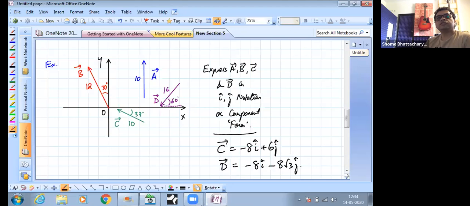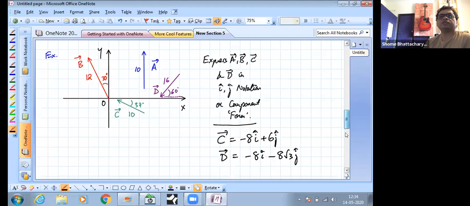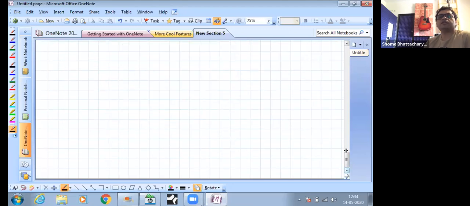Okay, so for each of these parts, what you have to do is redraw the vector from the origin so that you know the angle at which it is lying. So I'm just demonstrating part C and part D for you again.